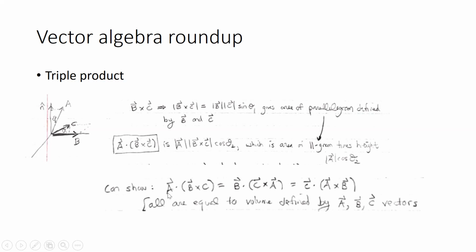It's possible to show that A dot B cross C is equal to, if we had picked B as our height, B dot C cross A, or C dot A cross B if we had picked C as our height. So all these three are equal to the volume of the parallelepiped, the three-dimensional parallelogram defined by the A, B, and C vectors.